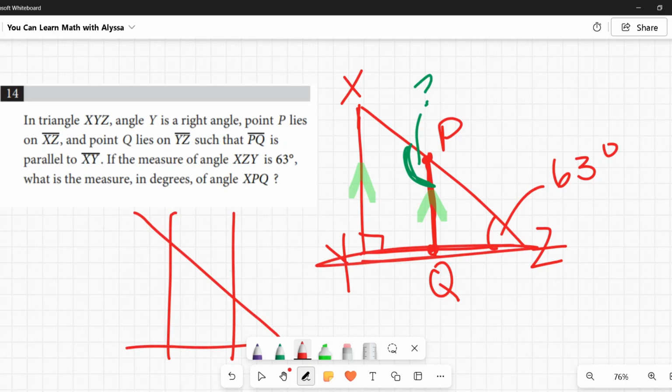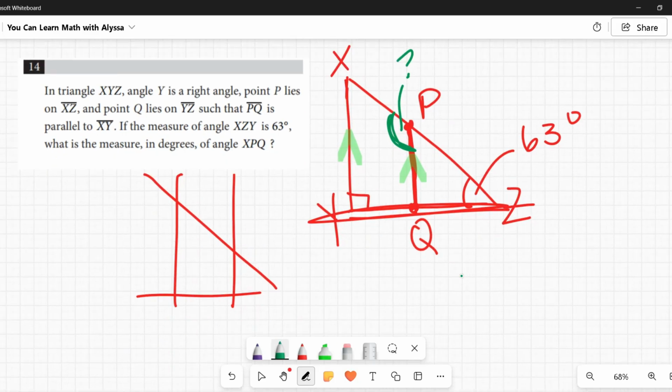This is a transversal and that is a transversal, and they're both cutting these parallel lines. When we have parallel lines cut by a transversal, we end up with angles that are congruent and angles that are supplementary. So in this one right here, this angle is congruent to that angle, and it's also congruent to that angle, and it's congruent to that angle.